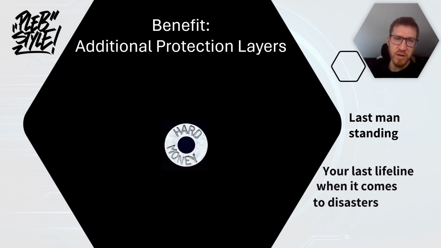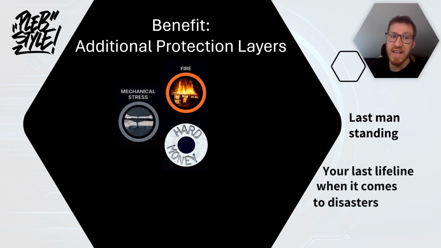Why not just use a piece of paper? What's the real benefit of stamping it into steel? Well, it adds additional protection layers to your security game and is especially designed for catastrophe or disaster. So it protects you against mechanical stress, meaning high forces cannot destroy it. It should also withstand fire, and ideally both of those threats at the same time. Just think of a house burning down to the ground.